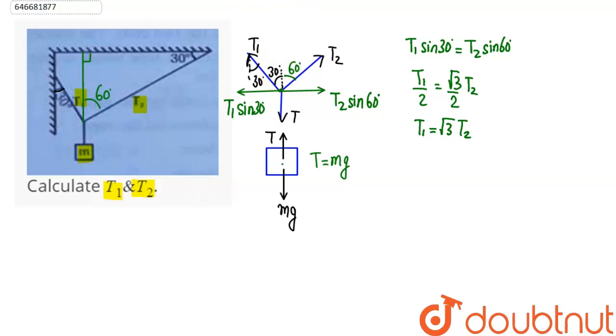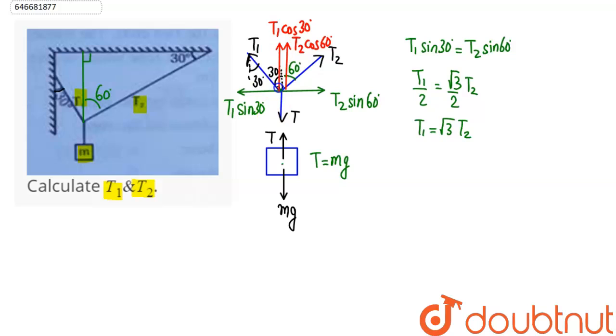Next we can resolve these tension components along the vertical as cos. This component of tension comes out to be T2 cos of 60 degree, and this component comes out to be T1 cos of 30 degree.